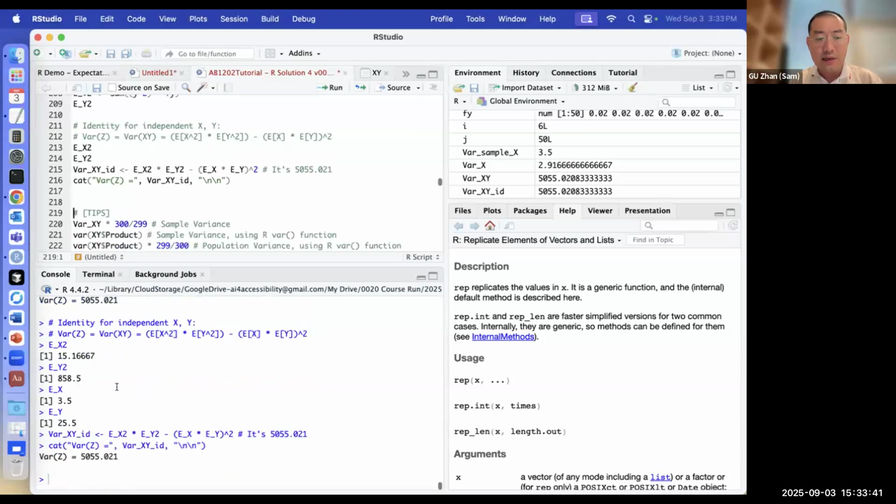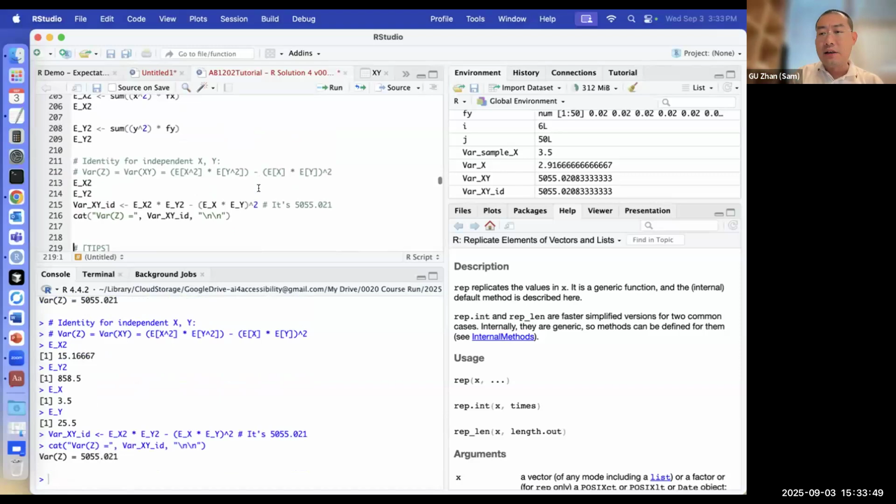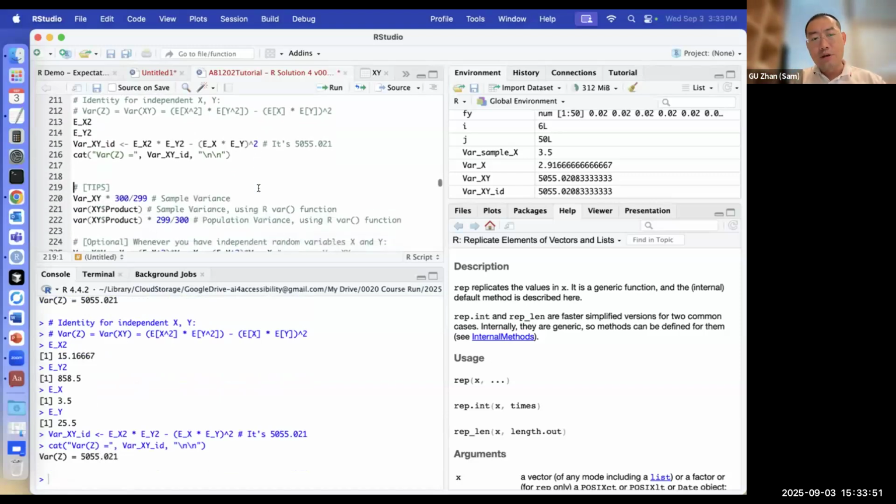In the end you still get 5055.021. So this is the same value that we derived earlier. This time we're using a formula. So take some time to review and digest how we actually derive the formula.